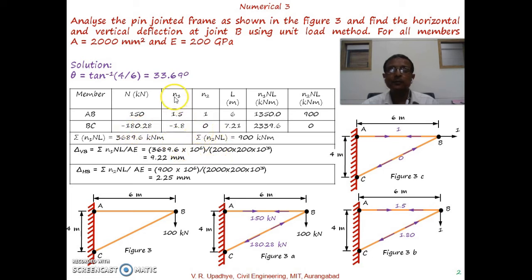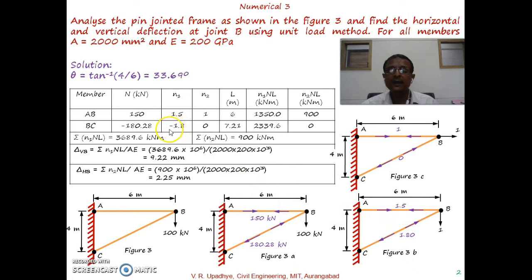Similarly, small n1 stands for when a unit load is applied vertically at joint B. Due to that, the internal member forces are 1.5 tension for member AB, and 1.8 compression for member CB.